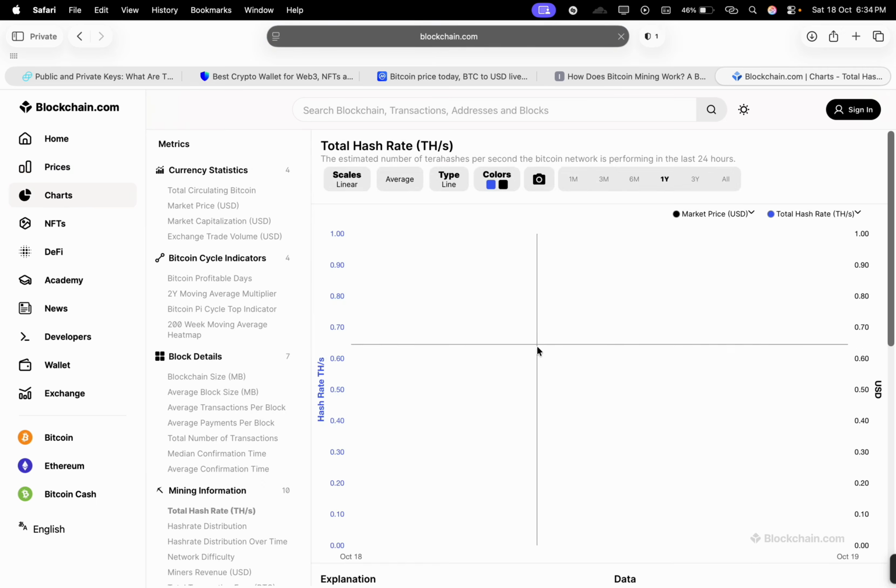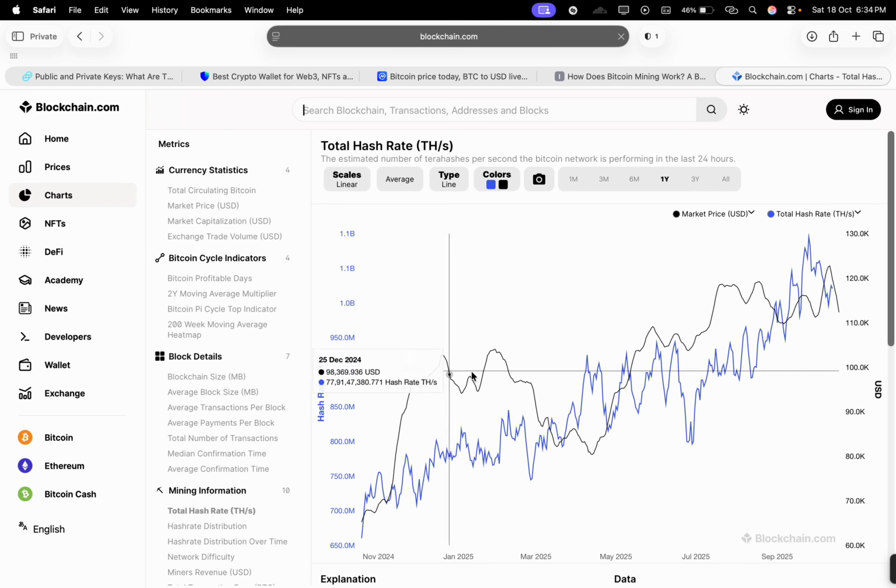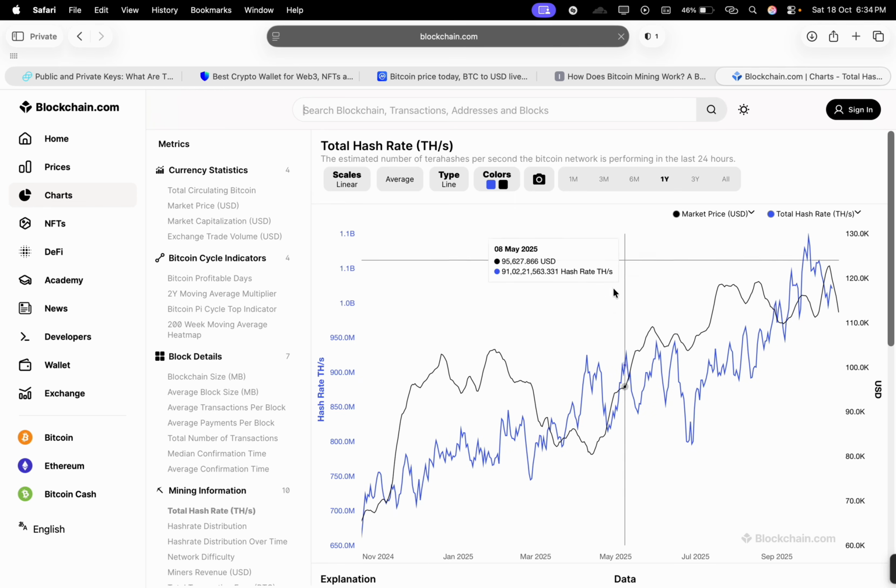This is the chart of the hash rate of Bitcoin, and this will be very complicated for you guys right now. I will explain it later.